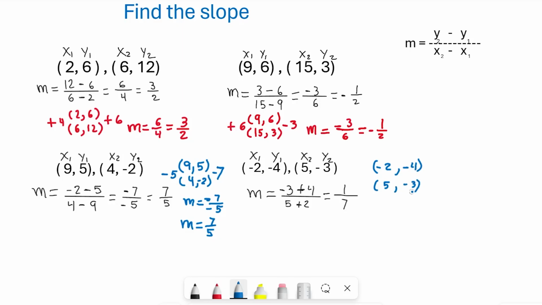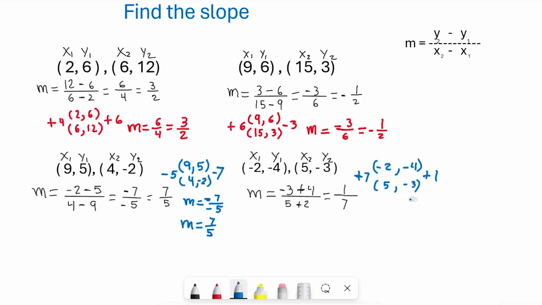Can you see that the rate of change in this case is going to be, oh, this is 3, 4, okay, yeah. The rate of change in this case is going to be adding 1 to get -3. On the other side, can you see that we're going to be adding 7, right?